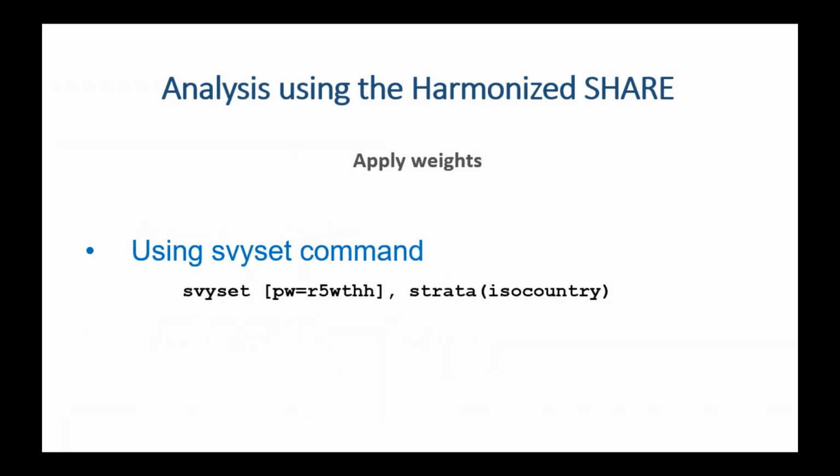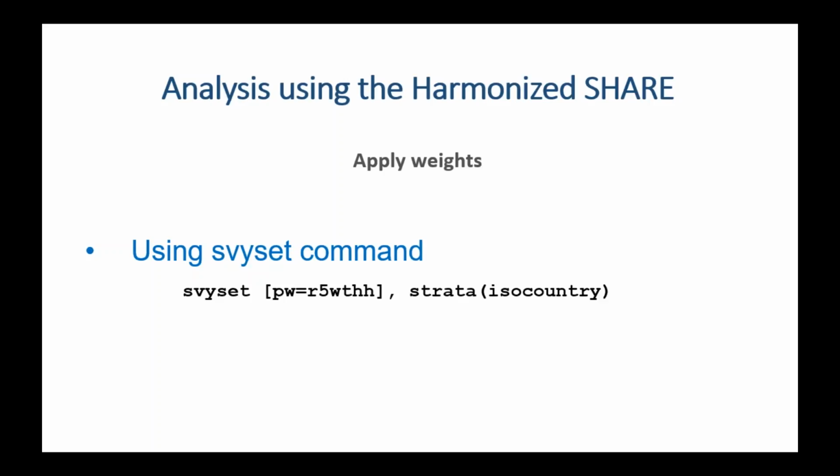All right, in our next step, we're going to apply weights. One of the reasons this data is really popular for analyzing complex survey data like SHARE is they have this set of commands, particularly for estimates generated from survey data. So we're going to use the SVYSet command. This is our P weight, our probability weight, R5WTHH.